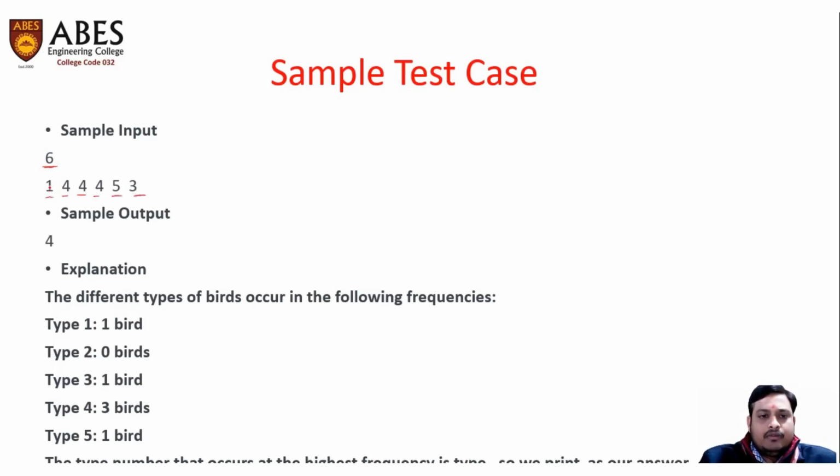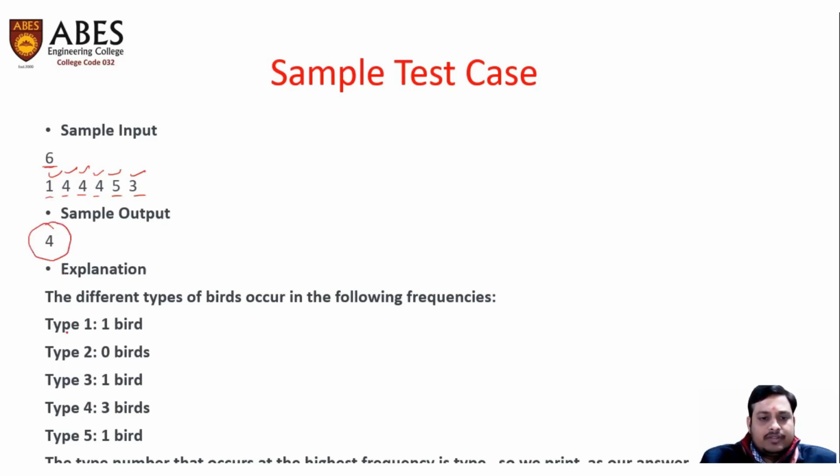So this is type 1, type 4, type 4, type 4, type 5, and type 3. These are the bird types, or we can say the IDs. Our task is to find out which bird is sighted more frequently. We can easily see type 4 is sighted more frequently. That's why the ID of that bird is returned here, that is 4.